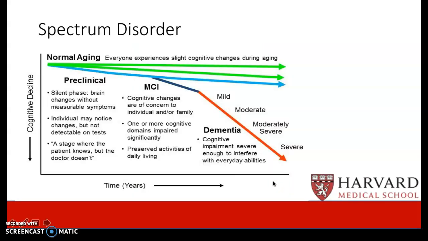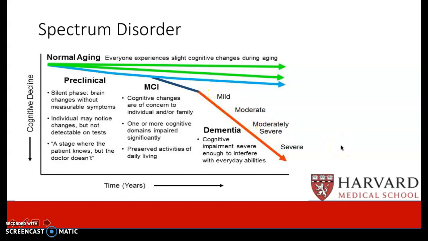So, to remember, dementia is really a spectrum disorder. In most people, you're never going to have perfect cognition because as you age, there is a slow, steady decline, and you're going to find that your thinking gets a little slower, things don't come as easily to you, and that is very normal. The challenge, I think, as a doctor, is to figure out who is just on this normal aging pattern and who is in a preclinical or silent phase that's going to eventually turn into dementia.